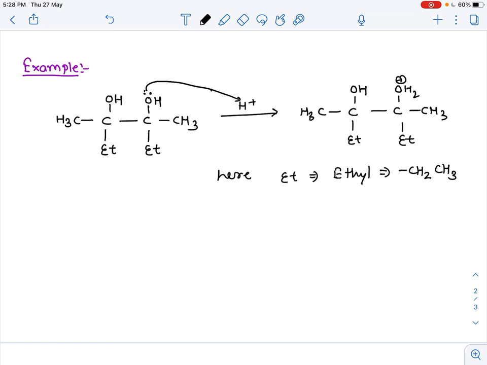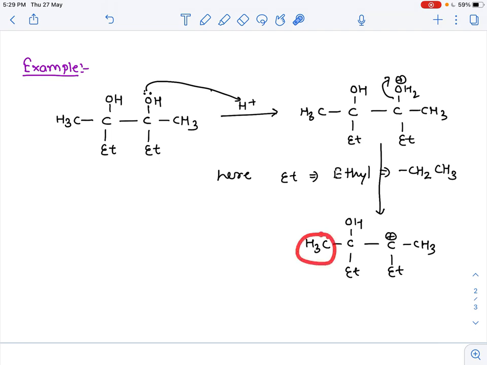Now this will be leaving as leaving group and it will be forming what? H3C COH Et C plus CH3 Et. Now you can see that in the previous example we had two identical groups, CH3 CH3, but in this example we are having two different groups. Okay, here this is methyl, here Et means ethyl.